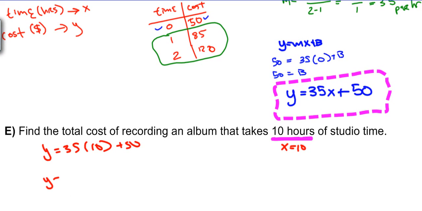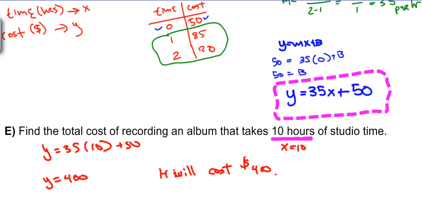But I would get y equals 400. Don't leave your answer like that. If somebody in life asked you, hey, how much would it cost to record an album for 10 hours? And you said, oh, y equals 400, that wouldn't be helpful. The answer is, it will cost $400.